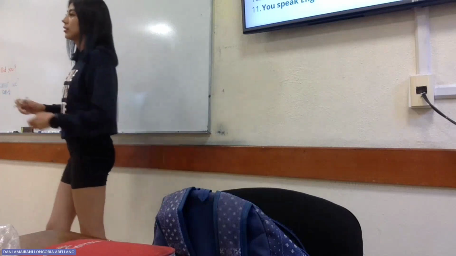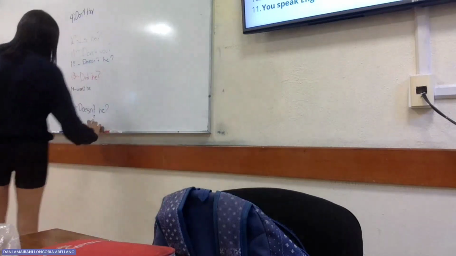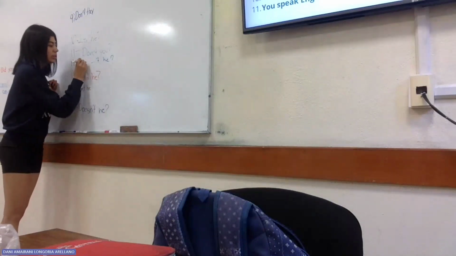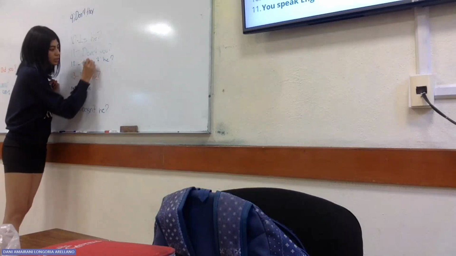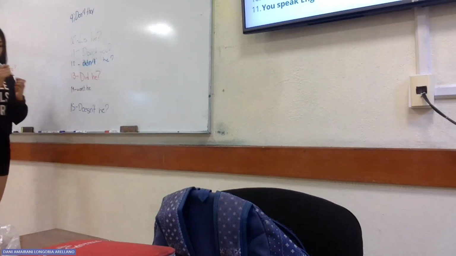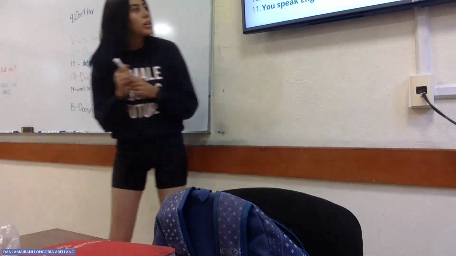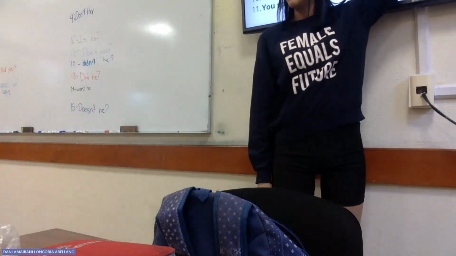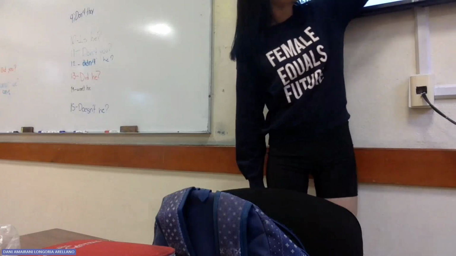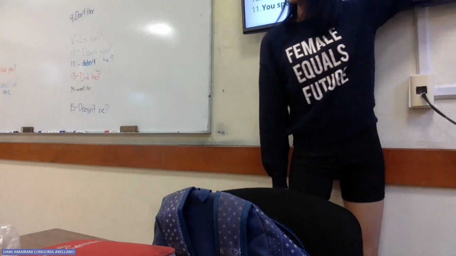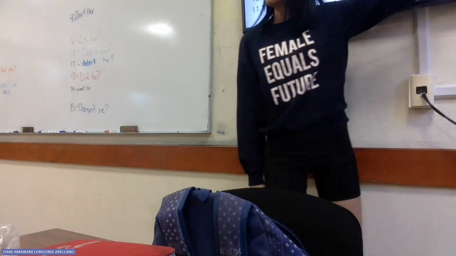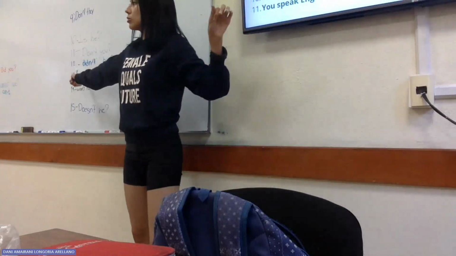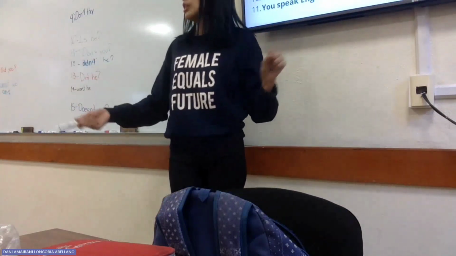So how will it be? Yeah. So we have the sentence in past. So we make use of the auxiliary do because we have a verb that is not verb to be. But we should pay attention to the tense, to the time. So we are going to use the auxiliary do, but as this verb is in past, our auxiliary should be in past too. So the past of the auxiliary do is there.